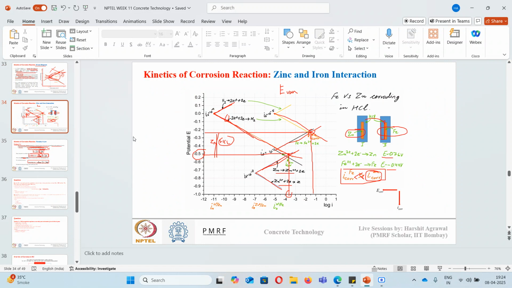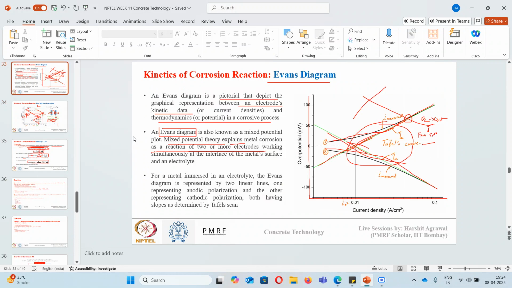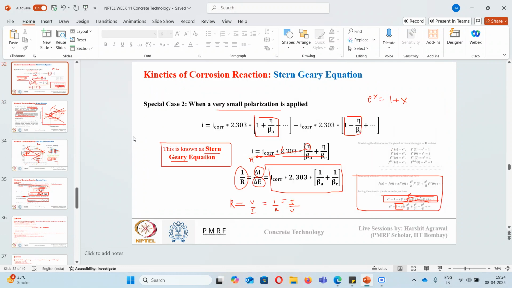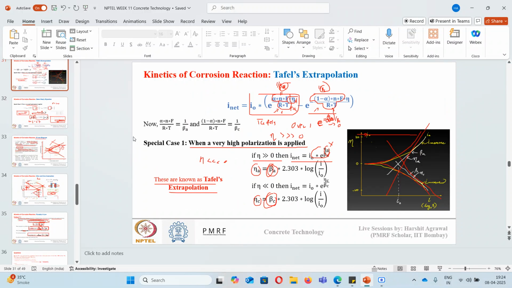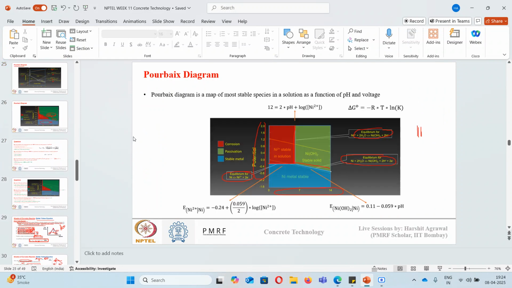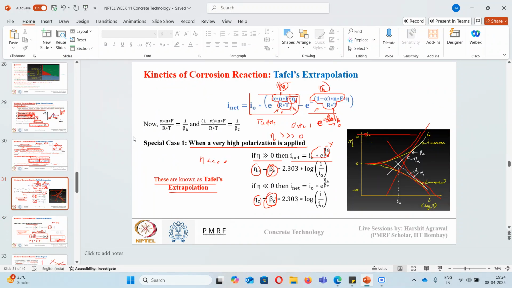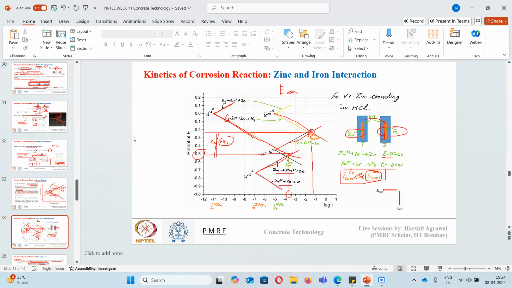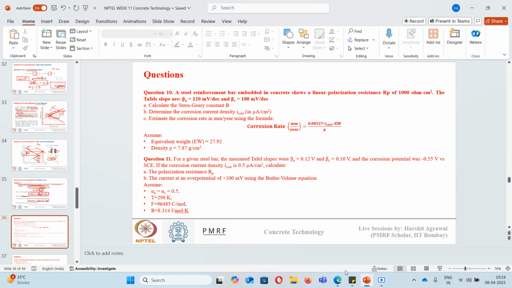So suppose later in future you encounter anything related to corrosion, then you will have a very basic idea about the different terms that we have used today. So this is all about the electrochemical part: Evans diagram, Stern-Geary relationship, Tafel extrapolation, Butler-Volmer equation, and Pourbaix diagram. All of this is needed to understand corrosion kinetics and thermodynamics.